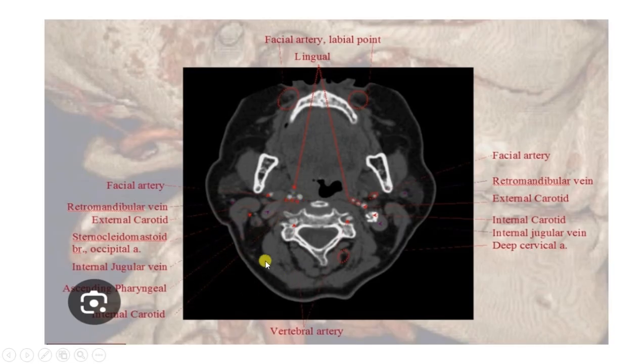Here is also the ascending pharyngeal artery at this location, and vertebral arteries, occipital artery, internal carotid artery, external carotid artery, retromandibular vein, facial artery, submandibular part, and this is the deep cervical artery.